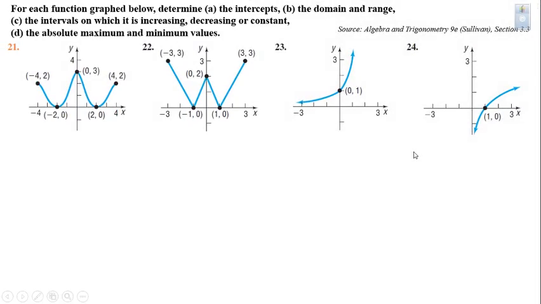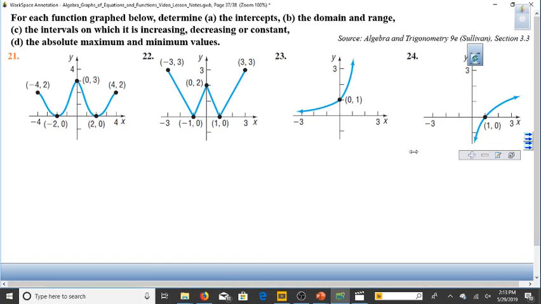So let's take a quick look at a few examples here. This question says simply, for each function graphed below, determine A, the intercepts, B, the domain and range, C, the intervals on which it is increasing and decreasing or constant, and then maximum and minimum values.